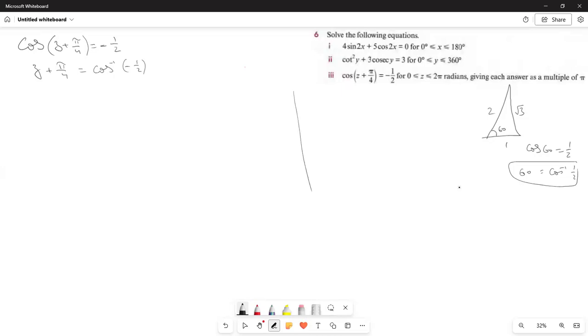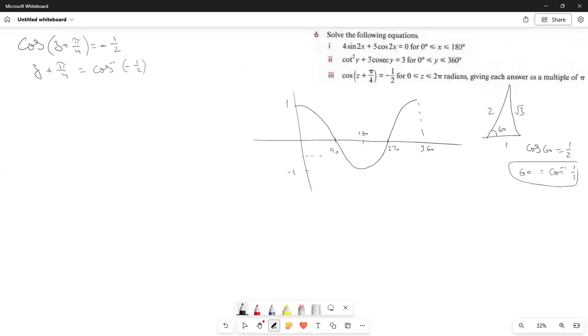Also, if you look at the graph of cosine, it goes like this, right? So this is 90, this is 180, 270, and this is 360, with 1 and minus 1. I have to find the values for which the cosine is minus half.